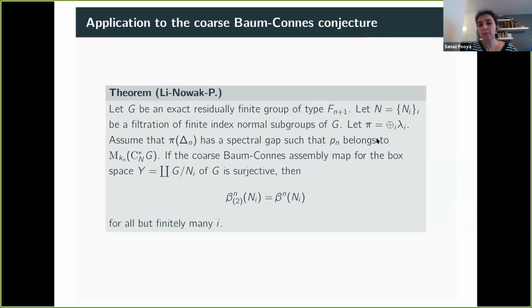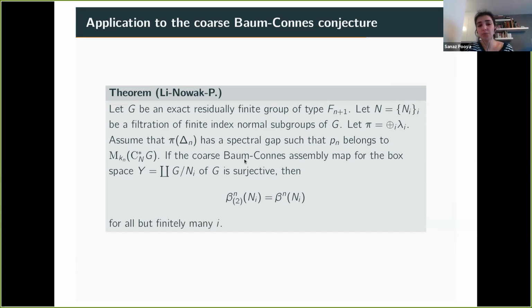And now let's take the quasi-regular representations associated to these N_i and put them all together to make one unitary representation, which we call pi. Now, if we assume that pi restricted to delta_n has spectral gap, which allows us to view P_n, the Kazhdan projection, inside matrices over the C star_pi of G, the completion of the group ring with respect to the norm coming from this representation.